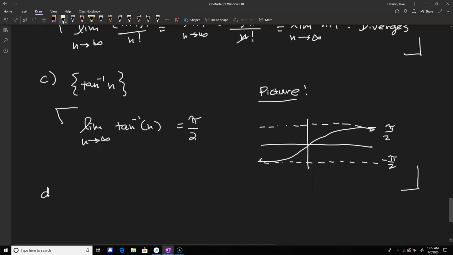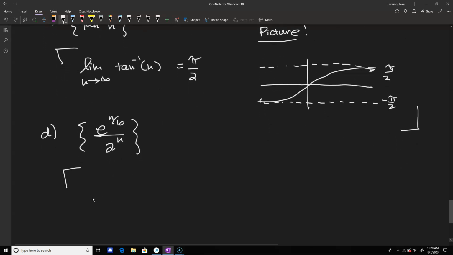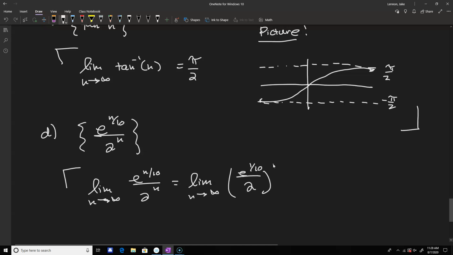And then maybe we'll do one more. Let's see if we can mess around with some exponents. Let's look at the sequence e to the n over 10 over 2 to the n. Again, this one's not so bad. We just need to remember some of our rules of exponents. If we're looking at the limit as n goes to infinity of e to the n over 10 over 2 to the n, since they both have n's, we can pull that n out. So it's e to the 1 over 10, or the 10th root of e, over 2, with all of that raised to the n.